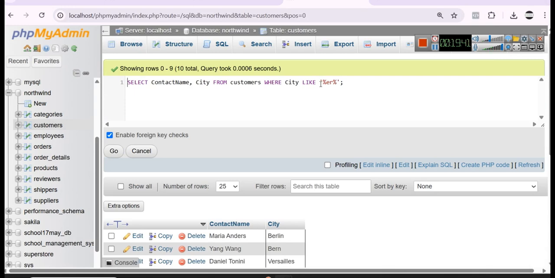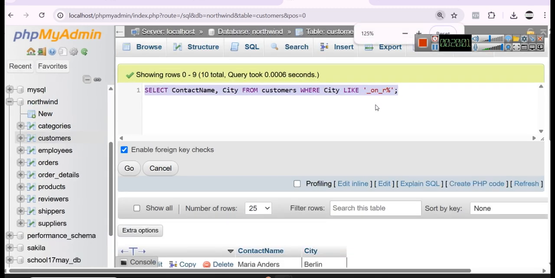you will write inside single quotes, like this. So where city like this: first is not known, then there is ON, then second is not known. Actually, I know one city. So on the basis of that, can you guess which city this is?